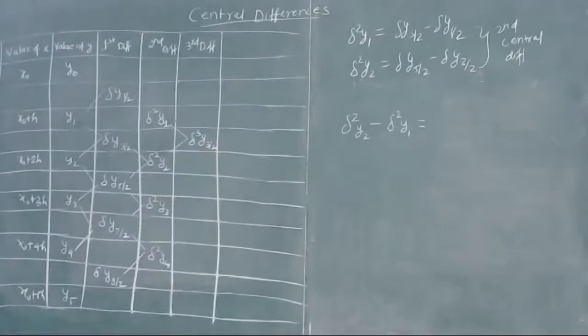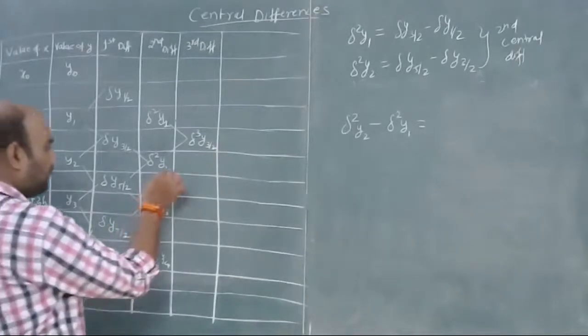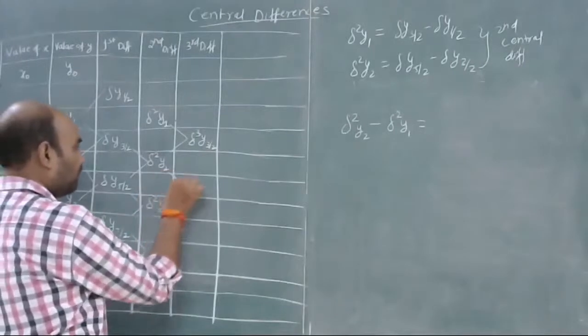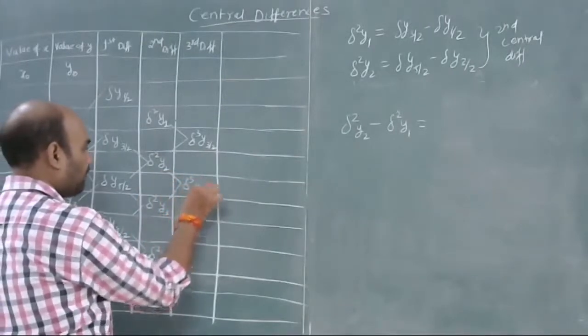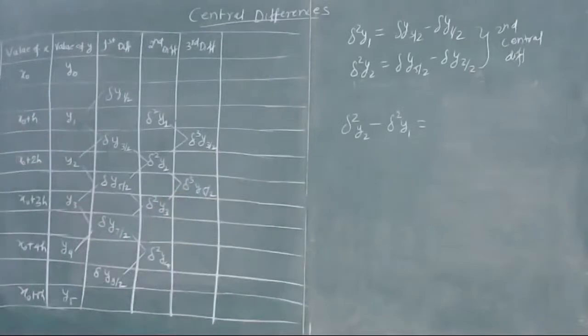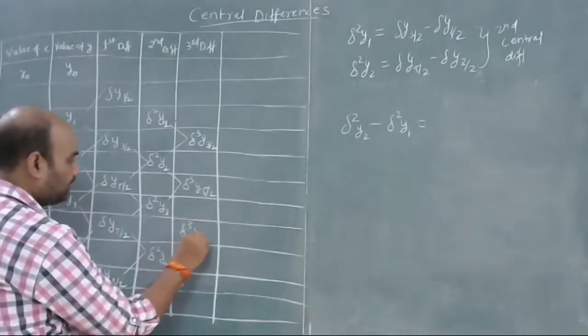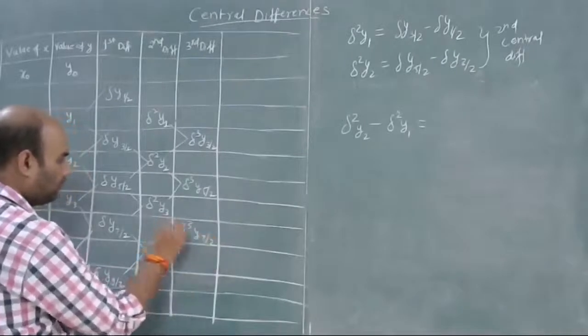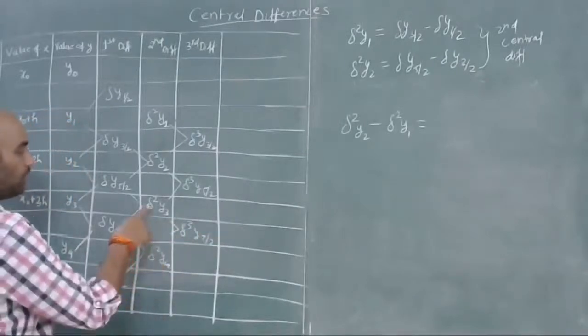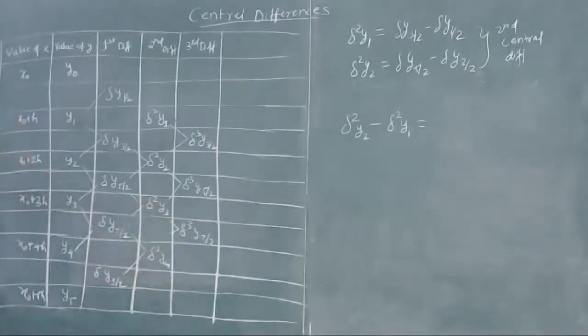The difference of the next two terms gives del cube y5 by 2, and then del cube y7 by 2. The difference of del square y4 and del square y3 gives this.